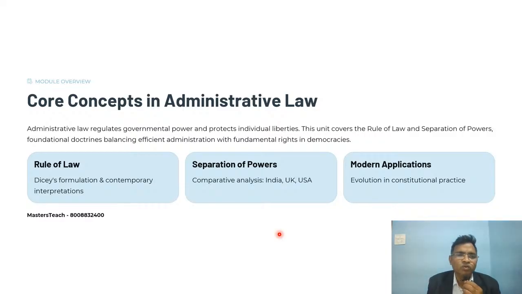Rule of law, as per Dicey's formulation and contemporary interpretation, then separation of powers. We will do a comparative analysis of India, UK, and USA, then modern application, the evaluation in constitutional practices. These are the core concepts we'll discuss.